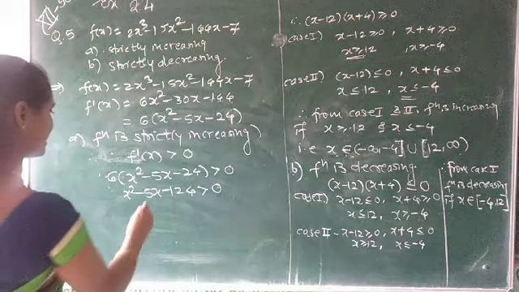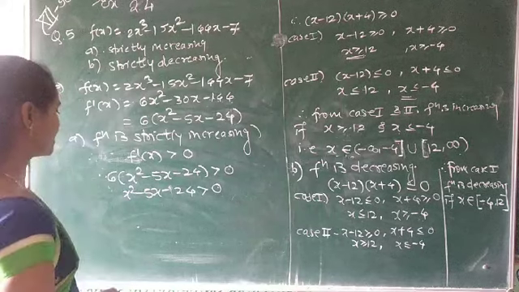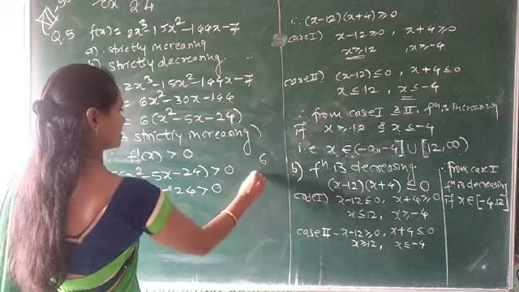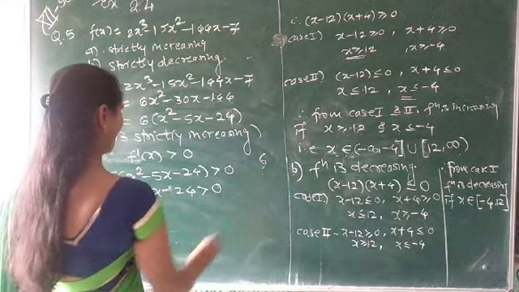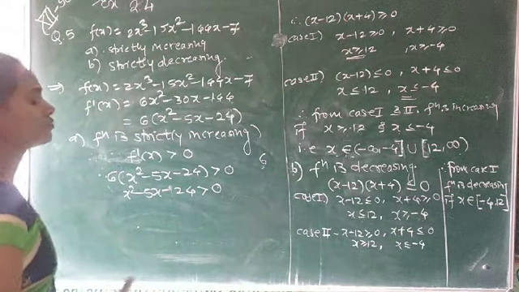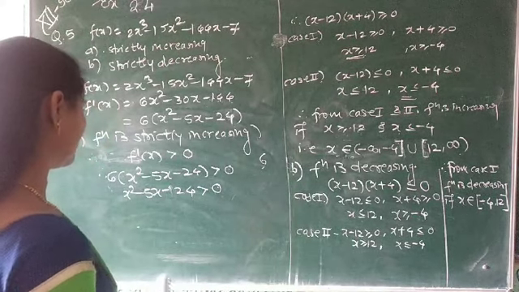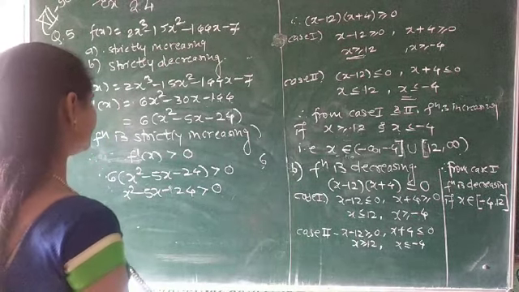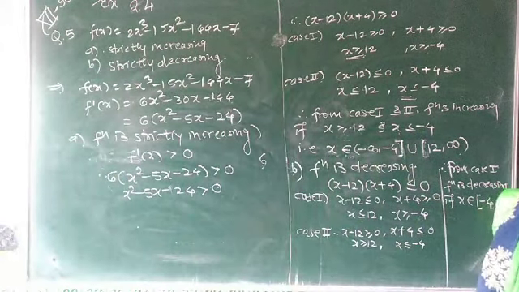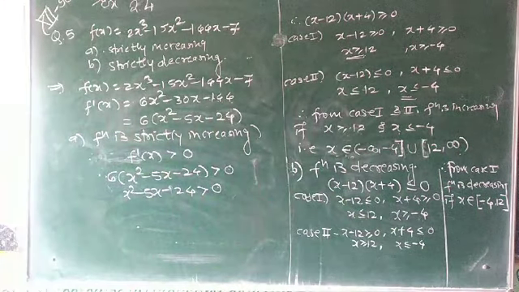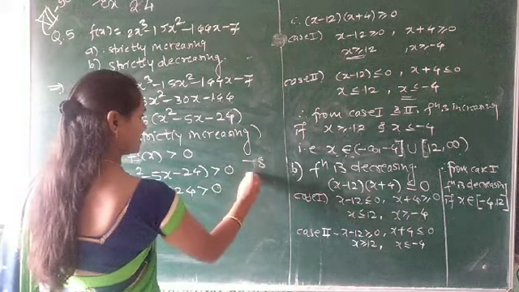Now we have to factorize this, whose product is minus 24 and addition is minus 5. These two numbers: 8 threes are 24, so minus 8 and plus 3.